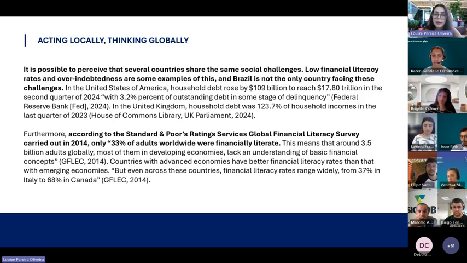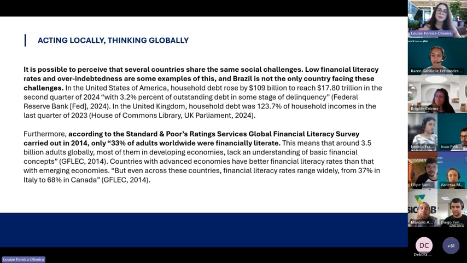And we have a similar situation in the United Kingdom, where we can see household debts increase too. So it's a thing that we all can think about, and we all can use this framework and implement this. In the same line, we have financial literacy.